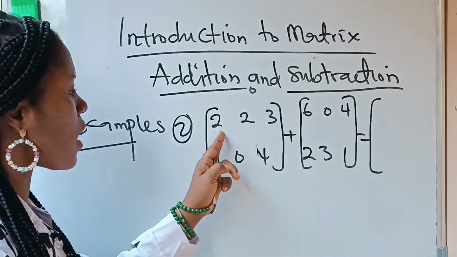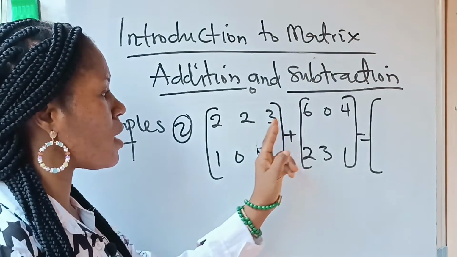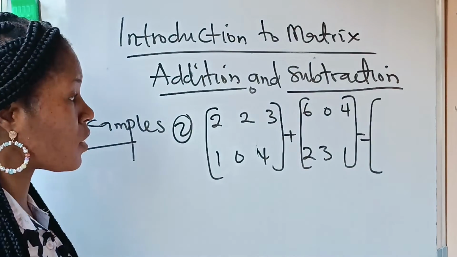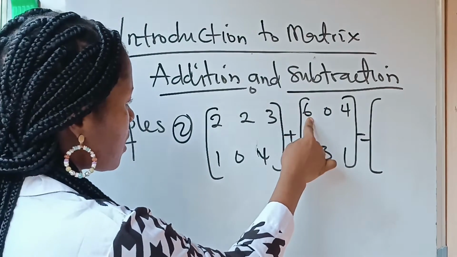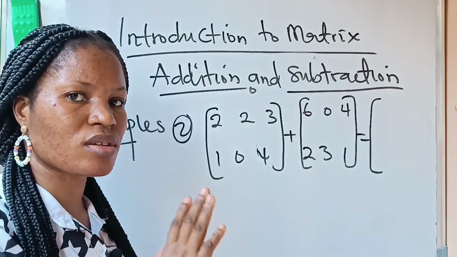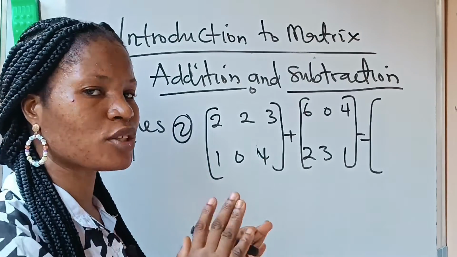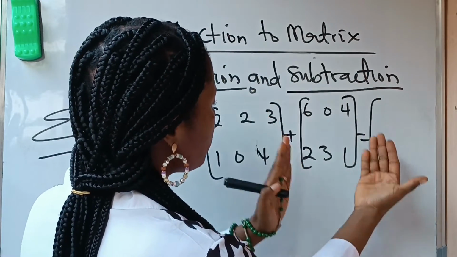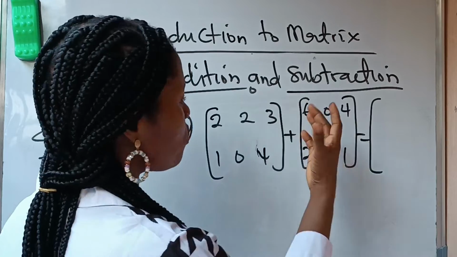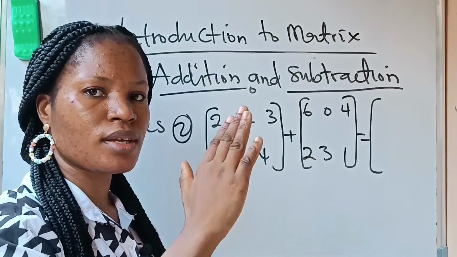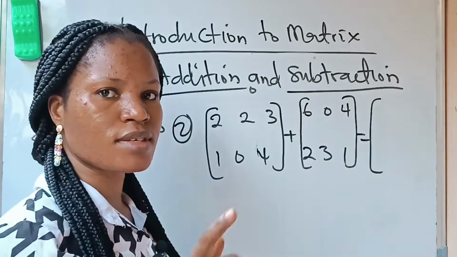As usual, we are going to add the corresponding elements together. Now, what are the corresponding elements? The corresponding elements are 2 and 6. They are occupying the same position in their respective matrices. So if I carry this one and put it on top of this, notice that 2 and 6 will be on top of each other. 2 and 0 will be the same. 3 and 4 the same.